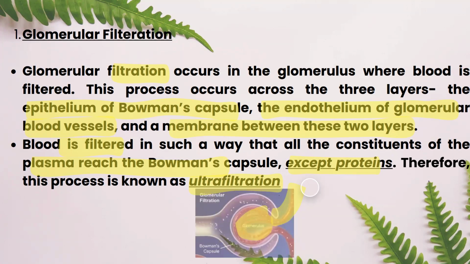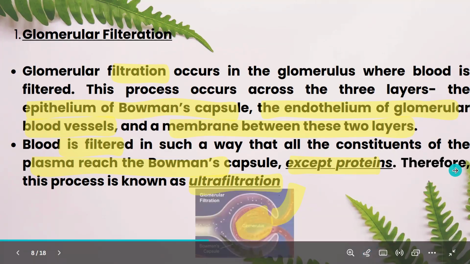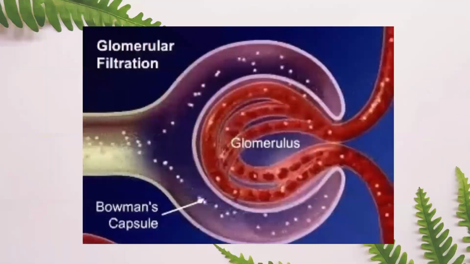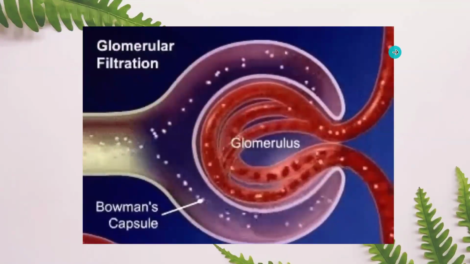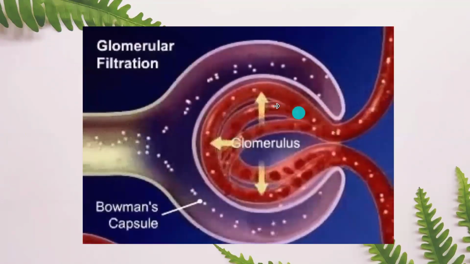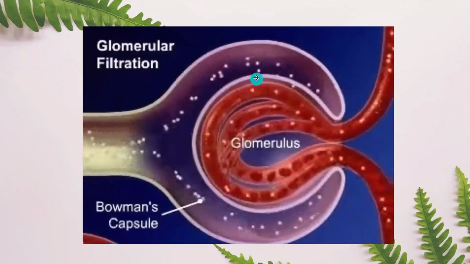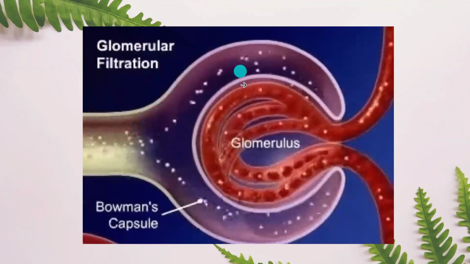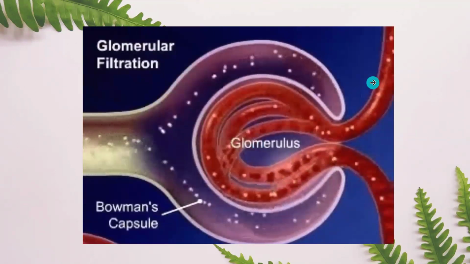So where is this entire process happening? This process happens in the glomerulus. We call it glomerular filtration. Next, this is the process we can see. The oxygenated blood enters here, so that all the nitrogenous waste and all the components of the plasma reach here, except the protein, and the remaining blood flows back as it is.